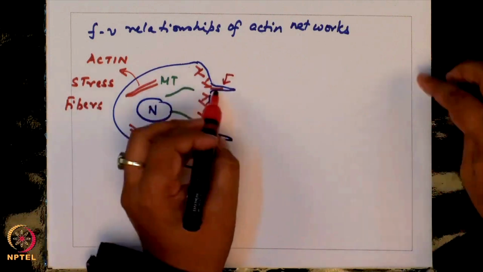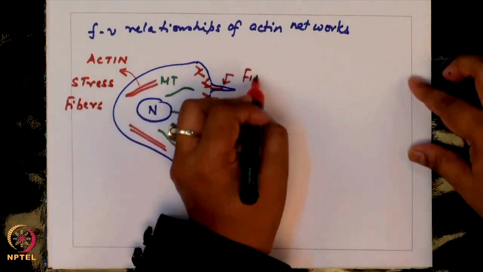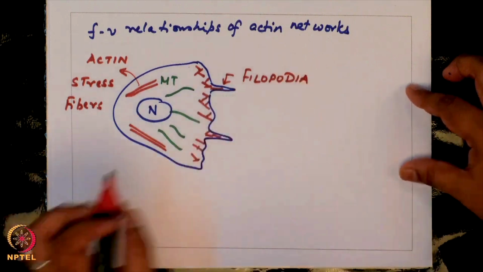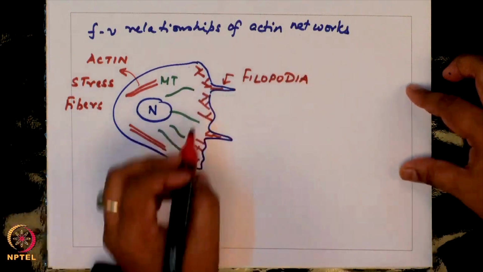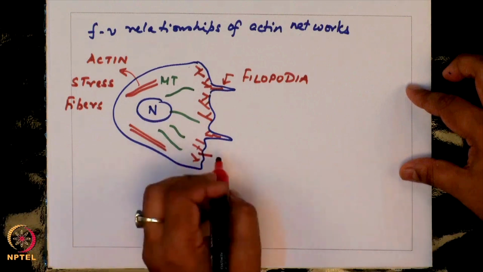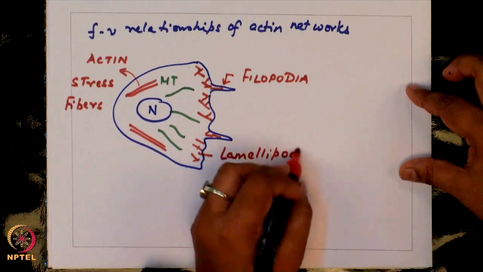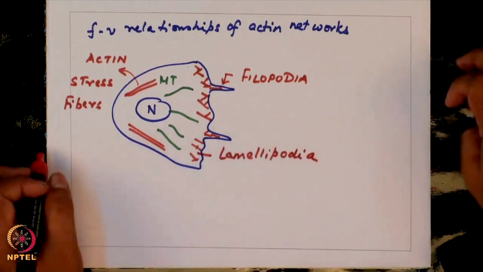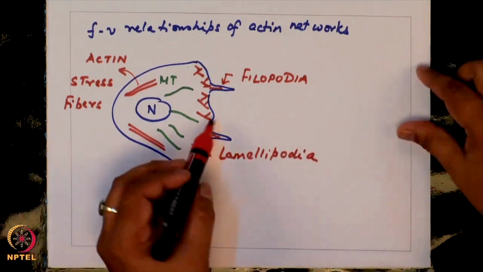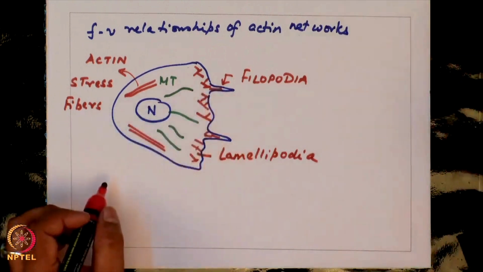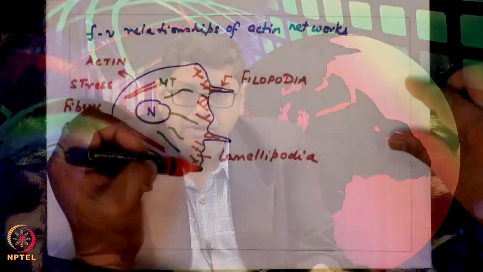These long pointed extensions that you see are called filopodia, and this branched network, this portion of the network, is lamellipodia. So, the way the actin is cross linked by various proteins is different in case of filopodia versus in case of lamellipodia.